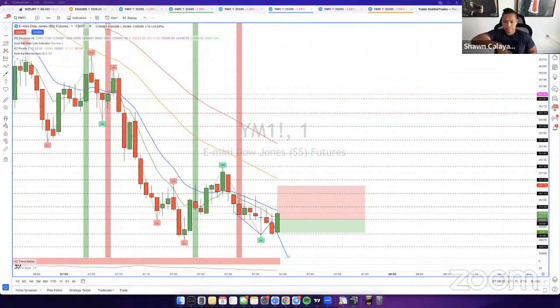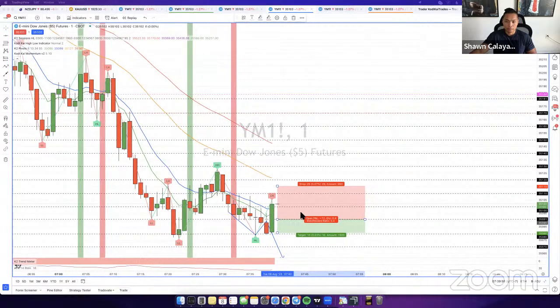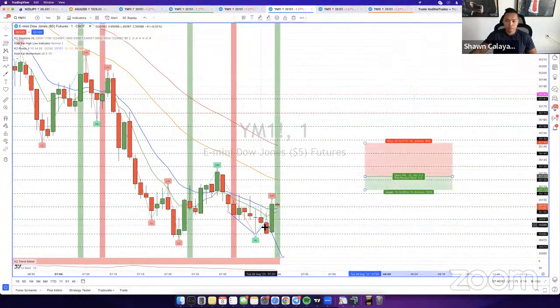It's going to have to be a clean close, and it does not look like we're going to get that clean close here. Definitely not. This is way too far up. There's no way we're going to get that close. All right, so no entry there.